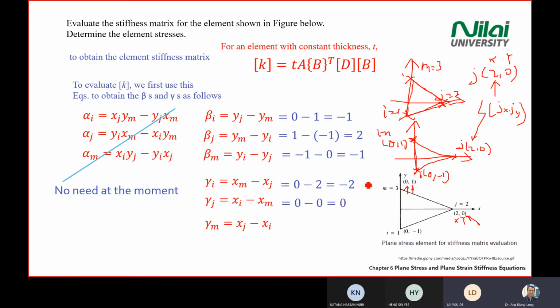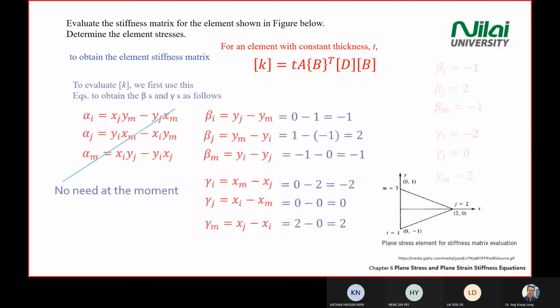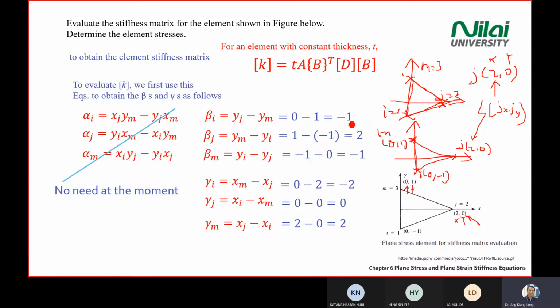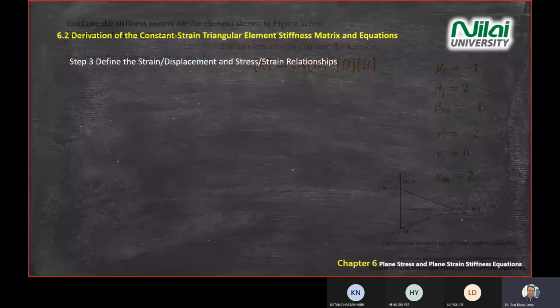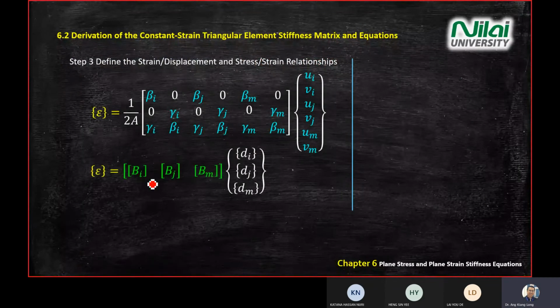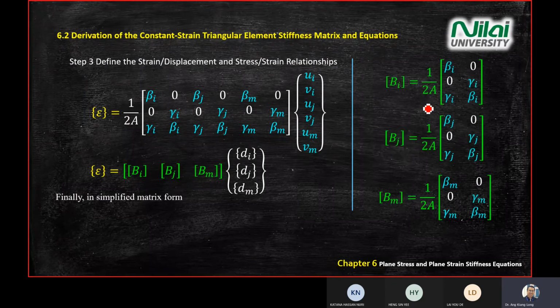So all of you understand how you get the value already. So I just proceed. Okay, so beta I minus 1, beta J 2, beta M, and so on. So you put on one side all the 6 numbers. Then recall there's one more slide for the beta I, beta J, and beta M. Which is the strain equal to B matrix D. So B equal to BI, BJ, BM.